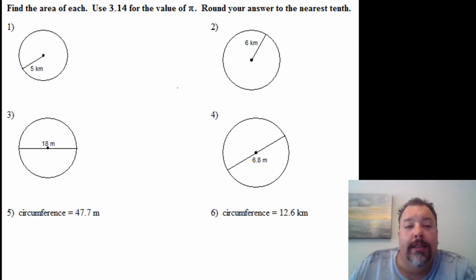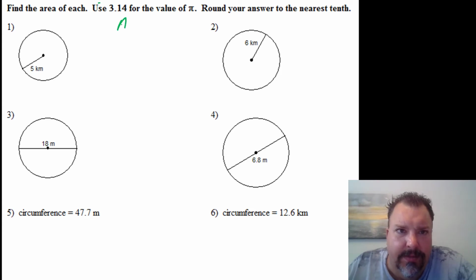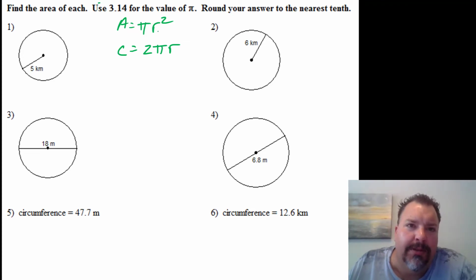Okay. Last but not least, let's do some area for some circles. And here the formula is area equals pi r squared. Again, it's similar to the circumference formula. We got the 2, we got the pi, we got the r, but it's not 2 pi r, it is pi r squared. So we got to remember to find the radius and square it and then multiply by pi. So for number 1, what's the radius? Well, the radius is the distance from the center to the outside.